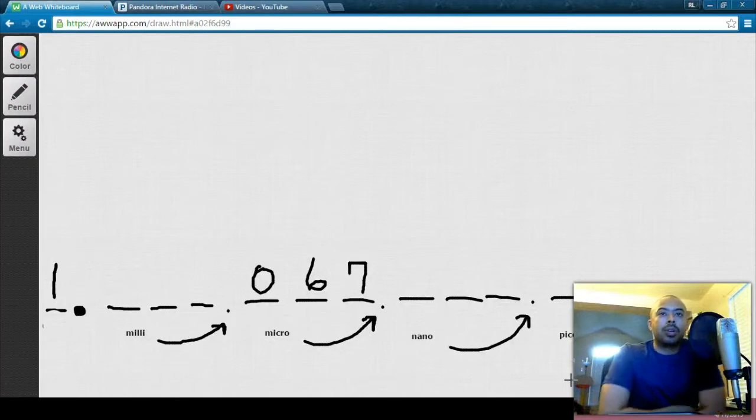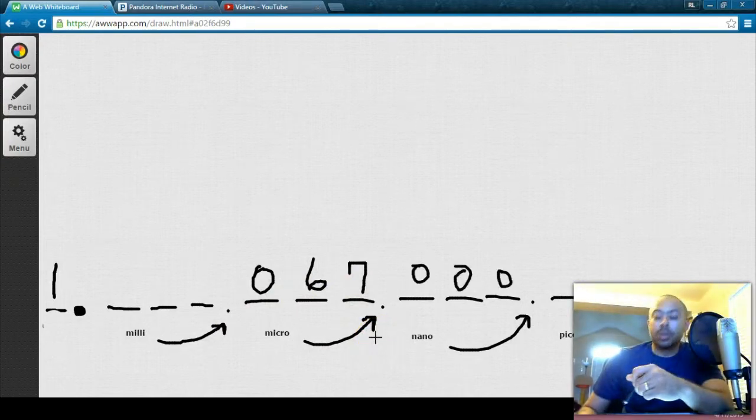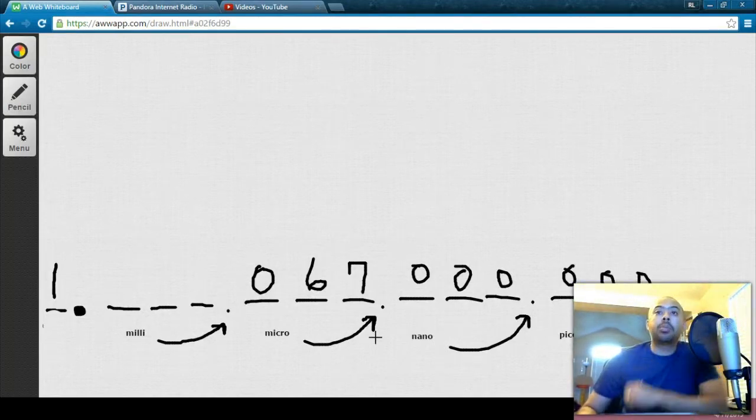Milli's right here, so we fill in the zeros. 0.067 milli is equal to 67 micro is equal to 67,000 nano is equal to 67 million pico.